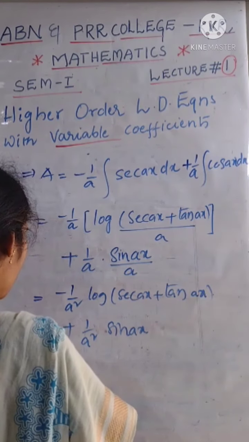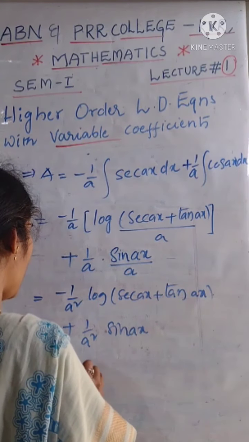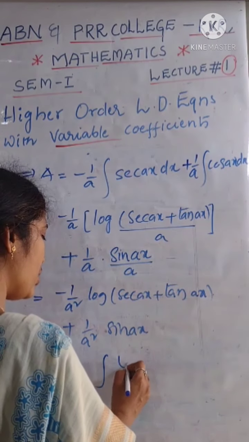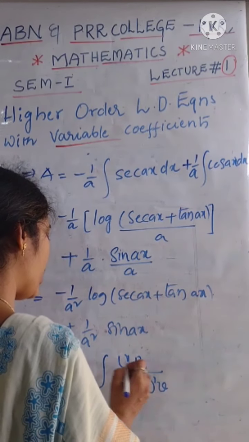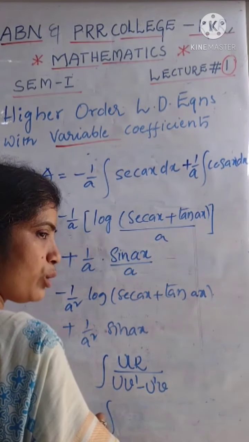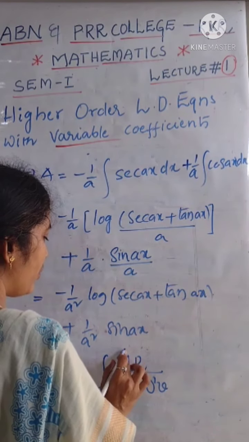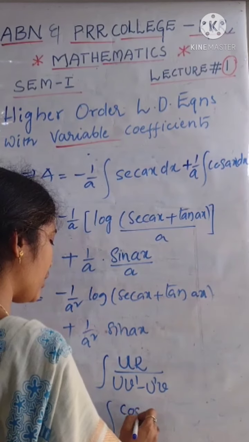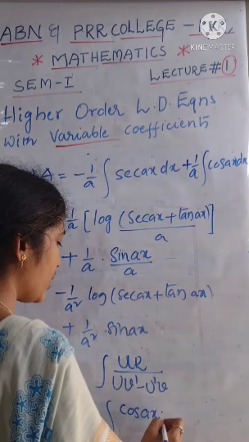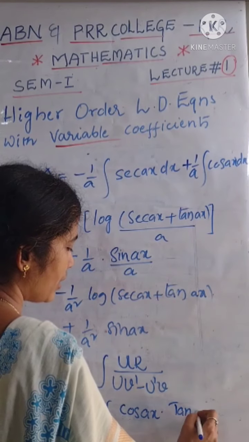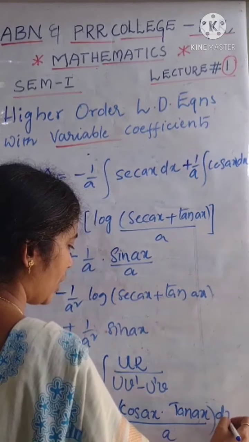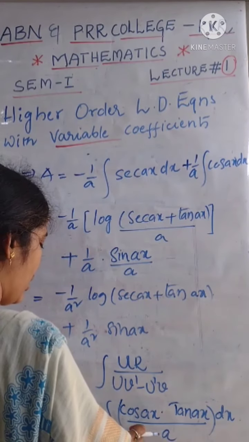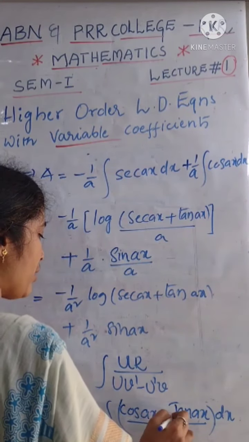Let us find the parameter b. What is b? The formula is integral u into r by u v dash minus u dash v. What is u? This is cos ax. Here we have u value cos ax into r value tan ax by this denominator value a, already found. Now the tan ax value is sin ax by cos ax.